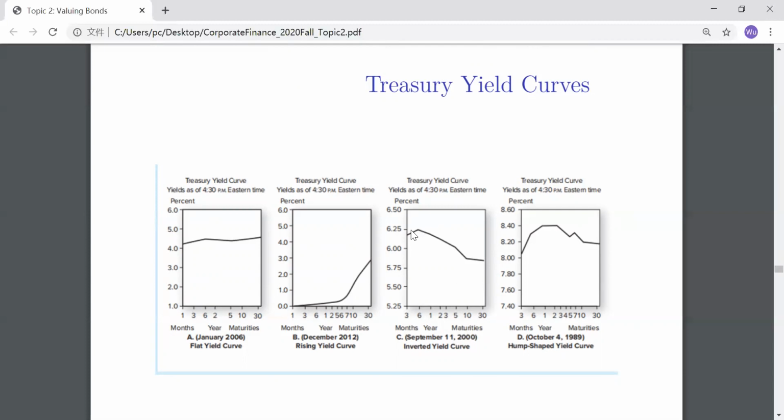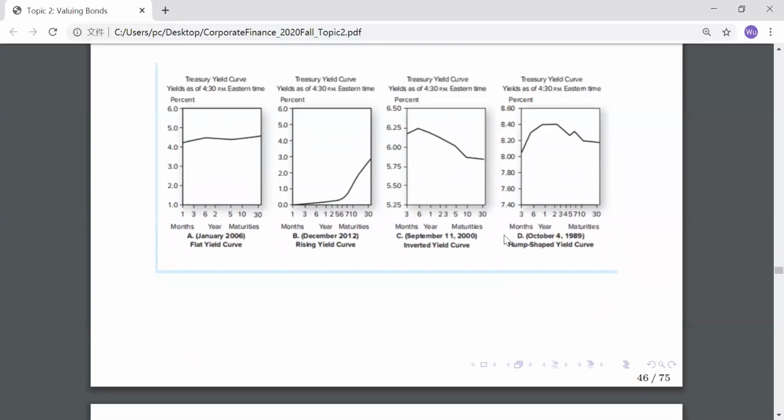You can see this is the upward sloping yield curve, and this is the downward sloping yield curve. In October 4th, 1989, this is a hump-shaped yield curve. Later we're going to see what that means, especially what the upward sloping and downward sloping yield curves mean. We're going to revisit this in a bit.